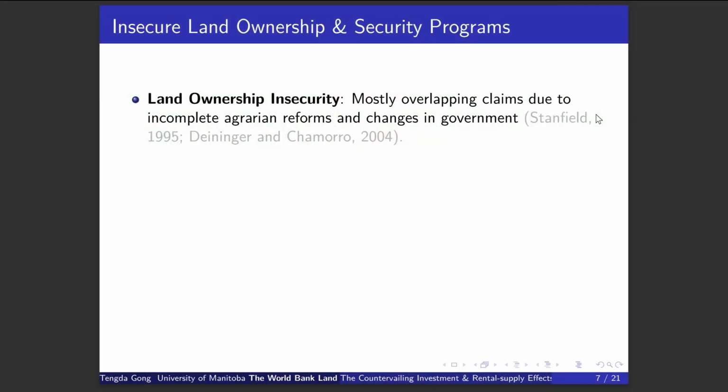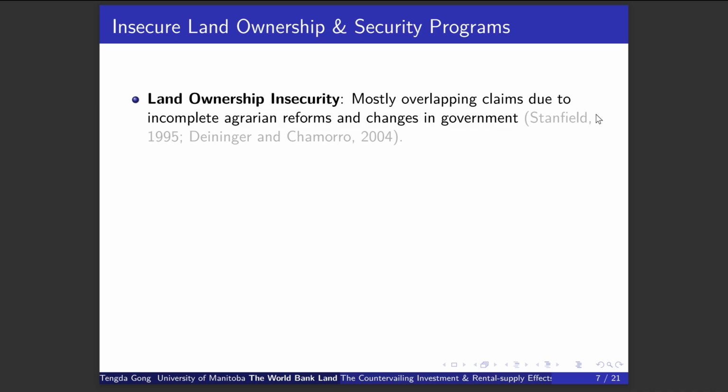Land ownership security in this context is mostly about overlapping claims. One of the reasons is the incomplete agrarian reforms. In the old days, when the Sandinista government came in, they confiscated land and redistributed it to poor people. However, they didn't transfer the legal titles because they were not legally able to do so, and they didn't even compensate much the confiscated large landholders.